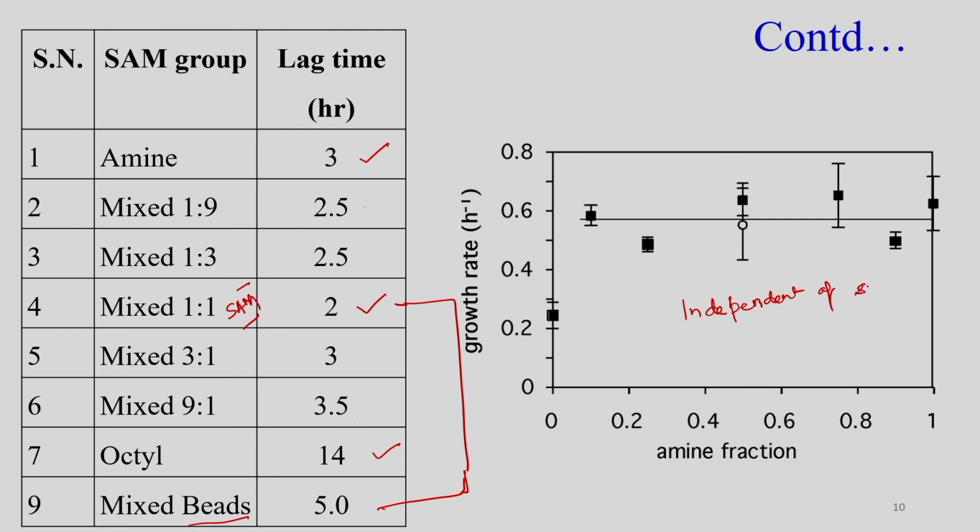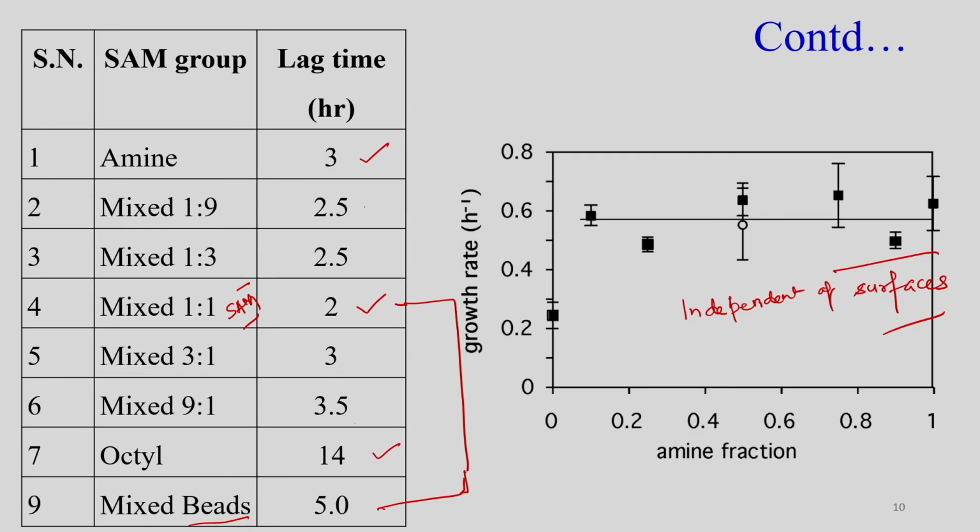So, it says that different surface functional groups or different surfaces regulate or control the adsorption behavior, which is ultimately reflected in terms of lag time. And once the nuclei are formed, the rate of aggregation or growth rate is almost similar on different surfaces.